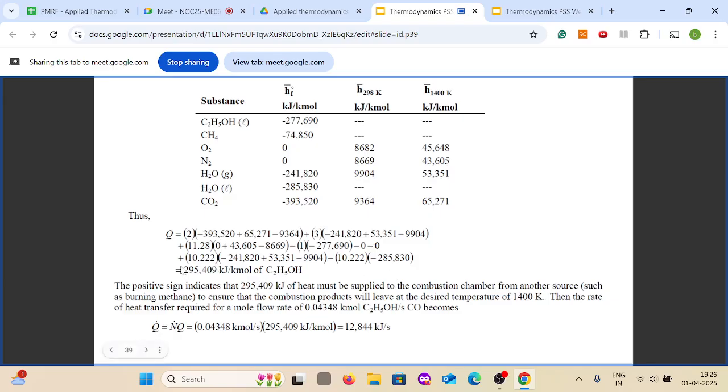So we get Q as 2,95,409 kilojoule per kilomole of ethanol. That is the Q which is required.